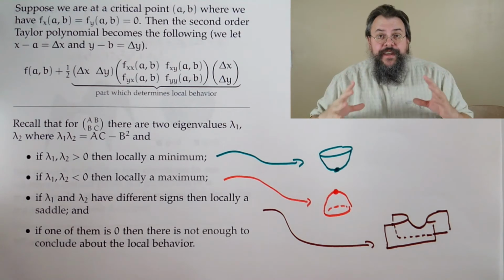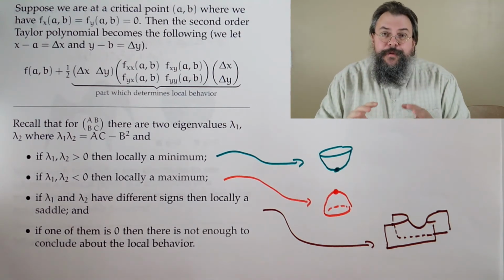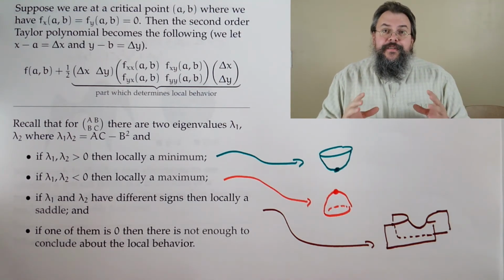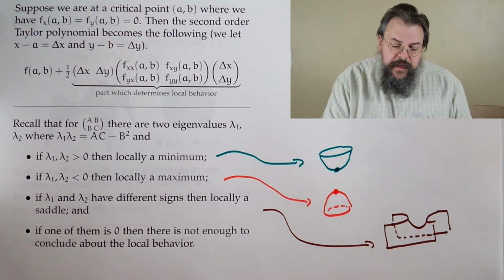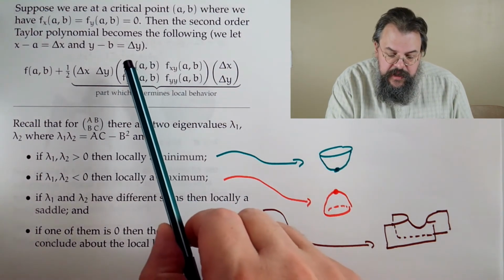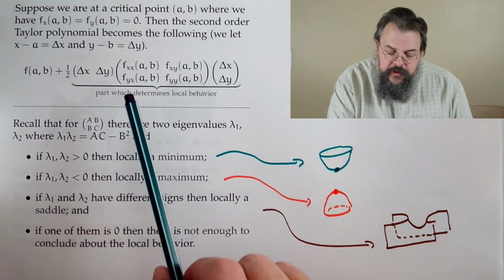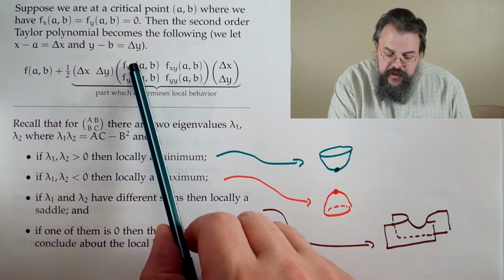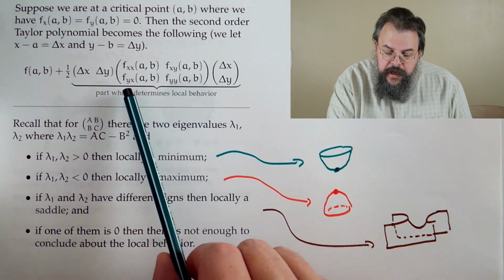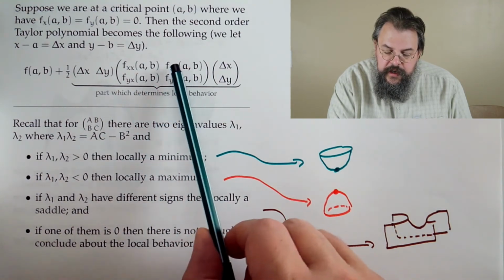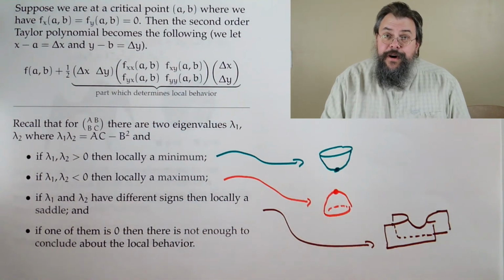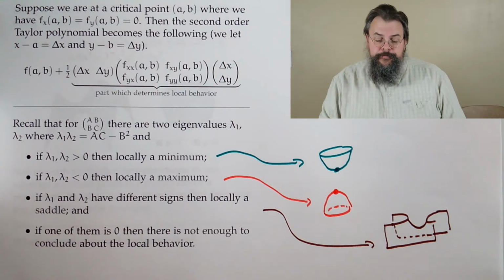Okay, with this in place, we're now ready to say what is the second derivative test. And remember, the key here is to go off of this matrix and look at this quantity. So in particular, fxx times fyy minus fxy squared, because fyx and fxy will be the same.